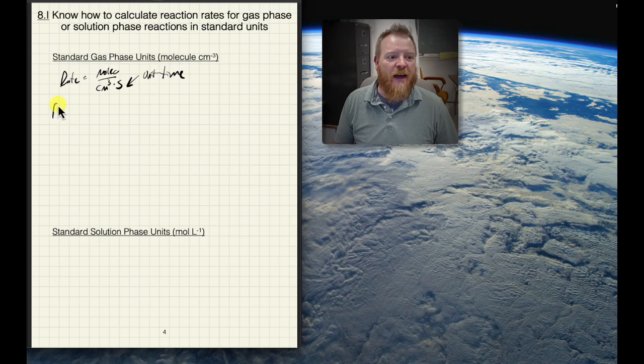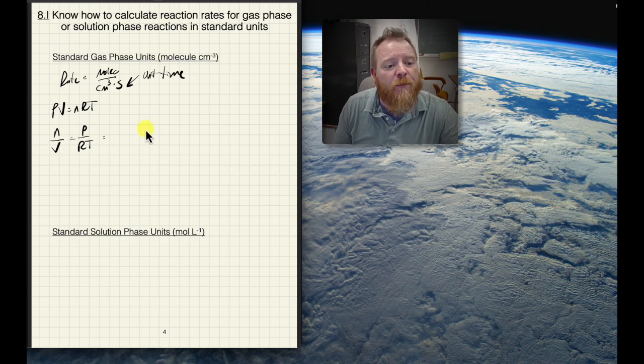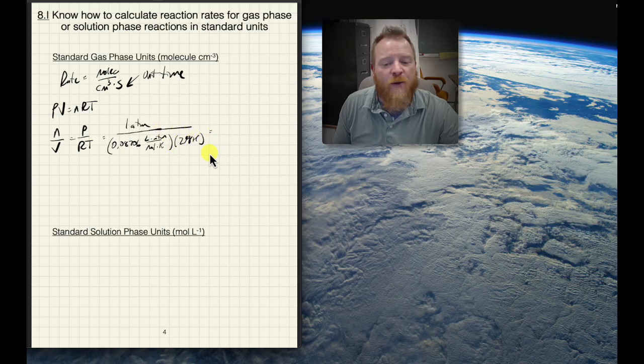So how do we get that? Well, remember the ideal gas equation, PV equals nRT. The quantity we're interested in calculating is n over V, which will equal P divided by RT. If we plug in 1 atm for pressure, and we use our standard value for R, 0.08206 liter atm per mole K, and if we do this at 298 K, we get the following.